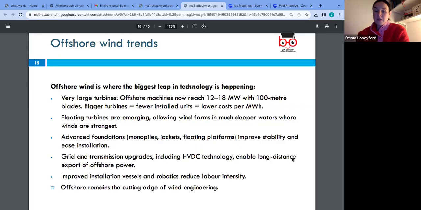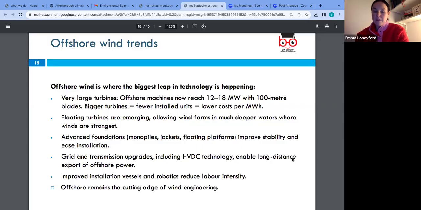Advanced foundations. So the foundations have got better, which has improved the stability and the ease of installation. The grid and transmission upgrades including HVDC technology, which has enabled long-distance export of offshore power, and improved installation vessels and robotics reduce labour intensity.